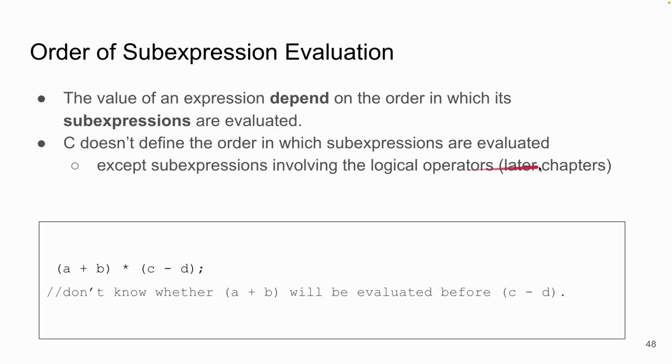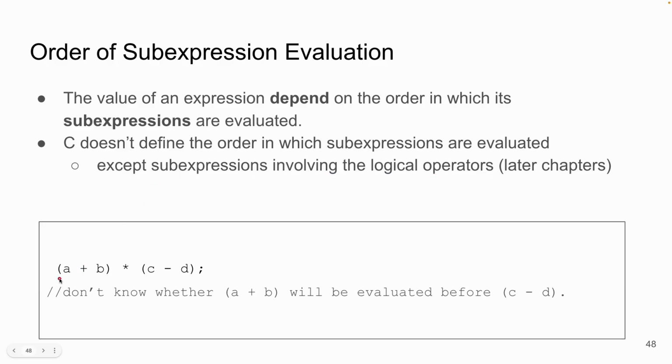However, these rules only apply to expressions without logical operators. If these expressions have logical operators, the order of evaluation will be defined. But we haven't introduced the logical operators, so I will talk about this in a later slide, in a later course.